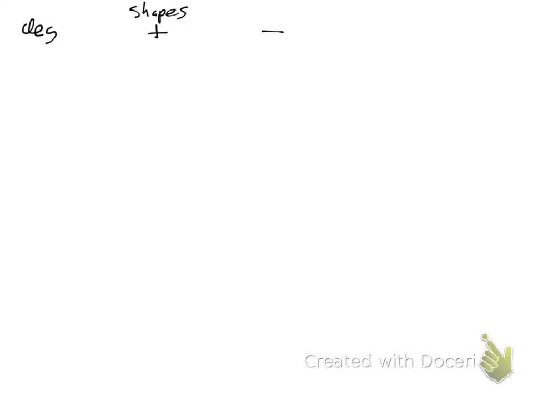But some of the common shapes we talked about were degree 1, 2, 3, 4, and 5. Okay? And I'm going to move, or get this moved over. I didn't realize that I have more room here.